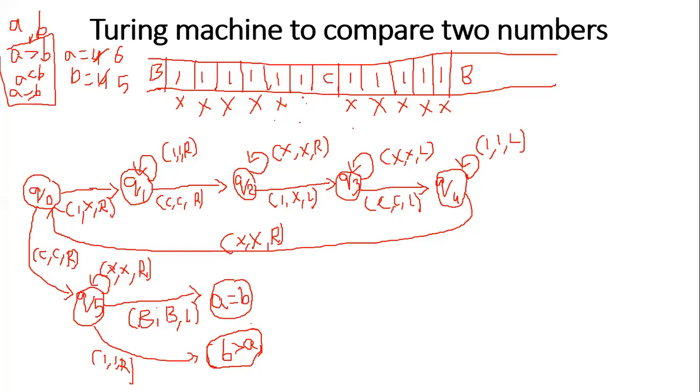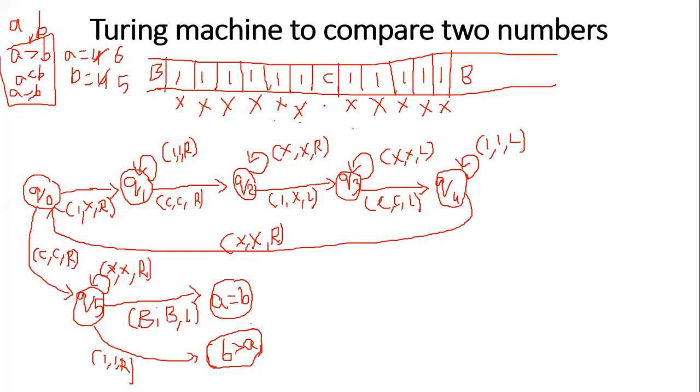Here, this is from state Q0 to Q1. If you observe state Q0 to Q1, what is happening? Replace 1 with x and keep moving to the right side.